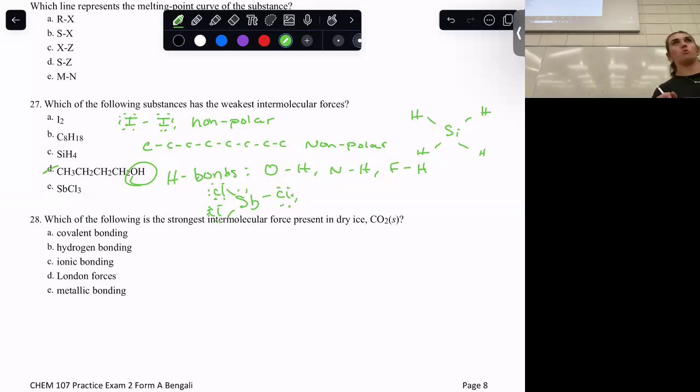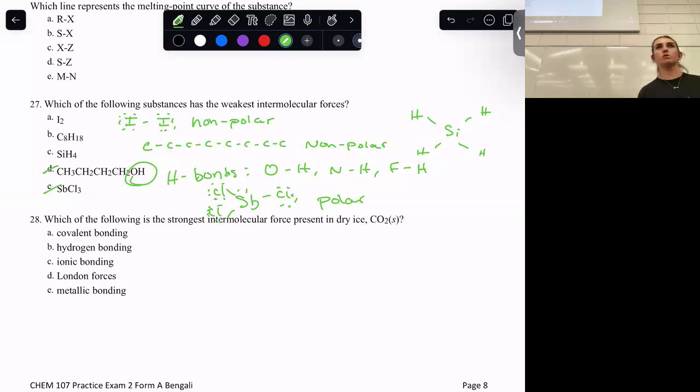So Sb does have a lone pair. So what does that make it? This is polar. Okay. So what can we remove next? We can remove E, right? What kind of intermolecular forces is E going to have? This will have dipole-dipole. So what's left is I2, C8H10, and SiH4.